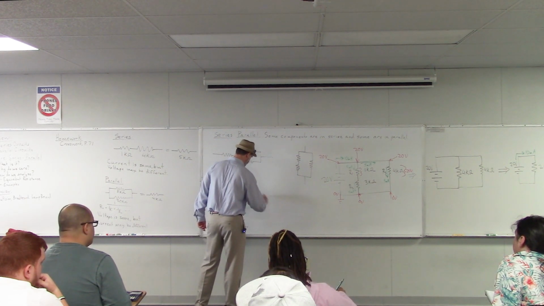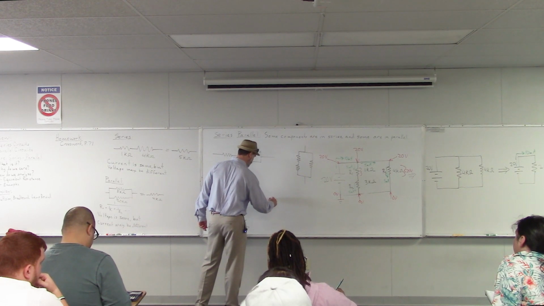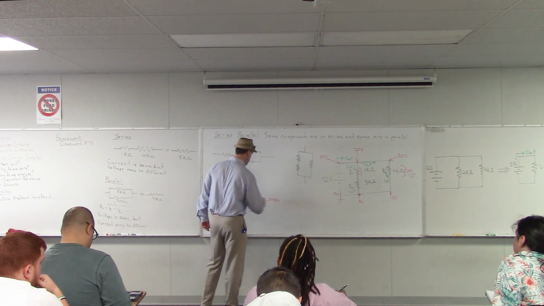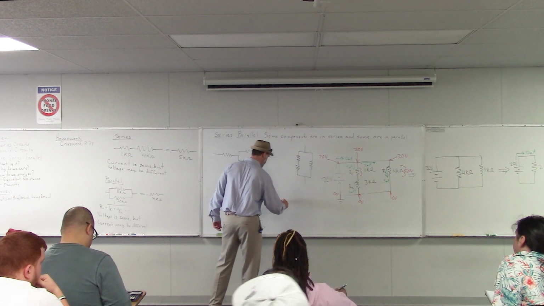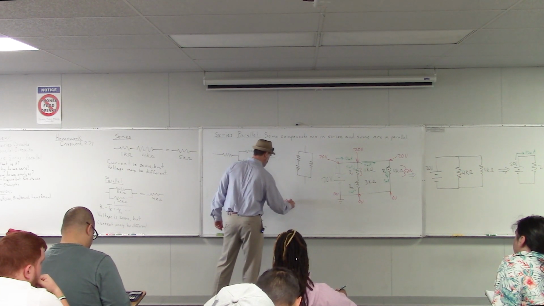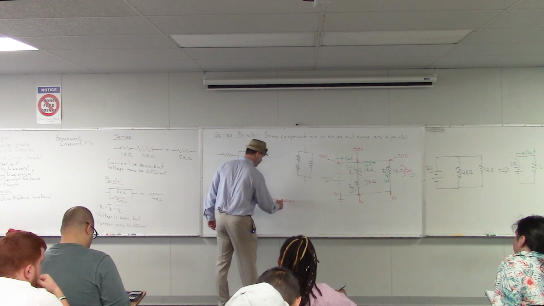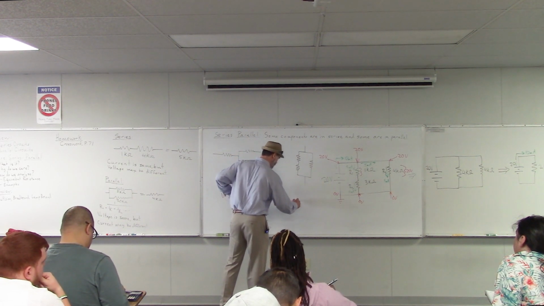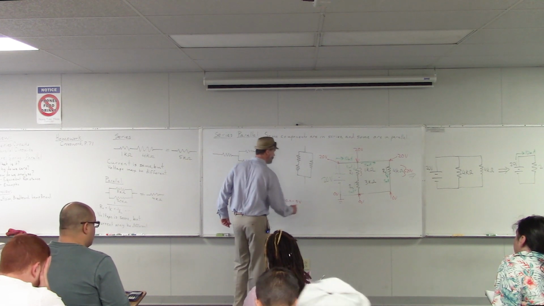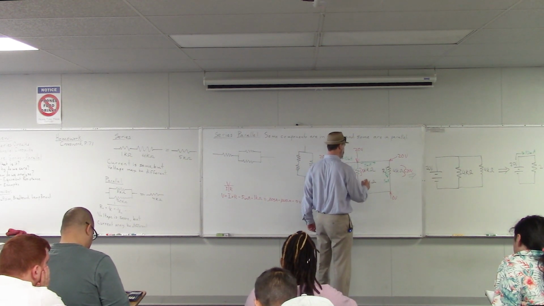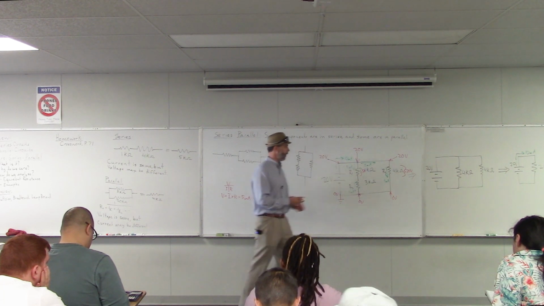So that 5 milliamps is 0.005 amps, and then 1 kilo ohm is 1,000 ohms. So when I multiply these two together, that gives me 5 volts. So I have 5 volts across R1 there.